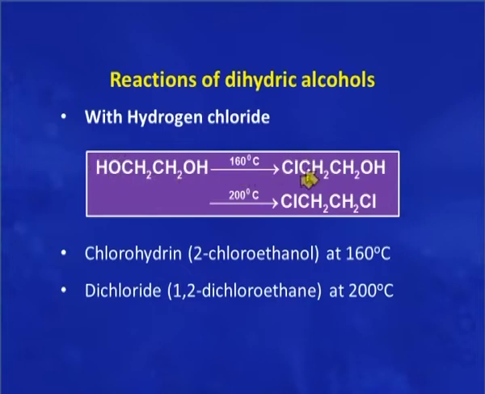Once a hydroxy group is replaced, chlorine, because of its minus I effect, takes away the electron density between this carbon and oxygen towards itself. As a result, this carbon oxygen bond gets stronger and formation of the oxonium ion here becomes difficult, and that is why we require drastic conditions for the conversion of the second hydroxy group into chloride.